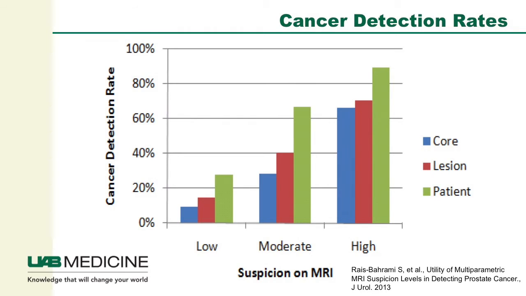As you can see here, some of our research in the past has demonstrated that higher suspicion lesions have demonstrated higher cancer detection rates when analyzed by individual needle core, the lesion based on MRI findings, and patients overall, with percentage of patients identified with cancer given a high-risk lesion on MRI in excess of 80%.